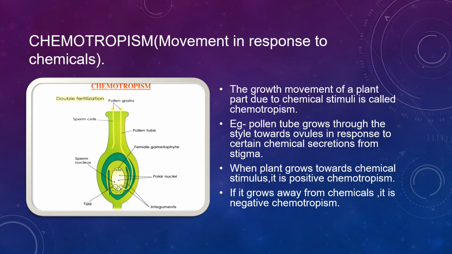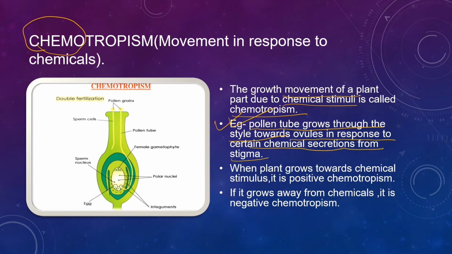Now chemotropism. As the name suggests, chemo, anything related to chemicals, will be chemotropism. The growth or movement of a plant in response to a chemical stimulus is called chemotropism. How can we give an example of that? Like the pollen tube growing towards the style and ovules in response to certain chemical secretions from the stigma.